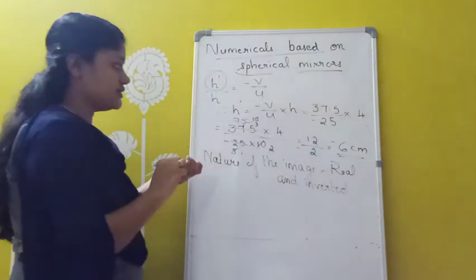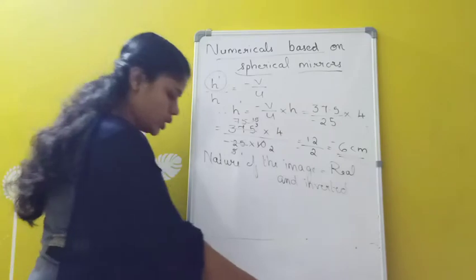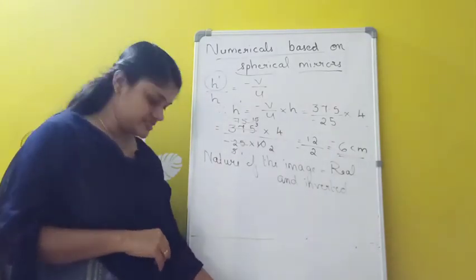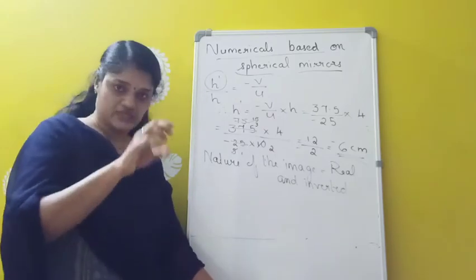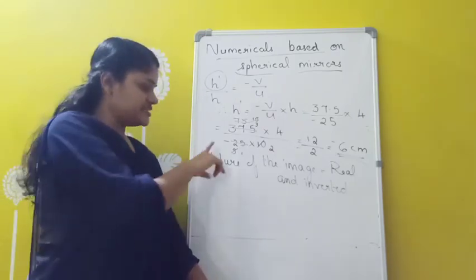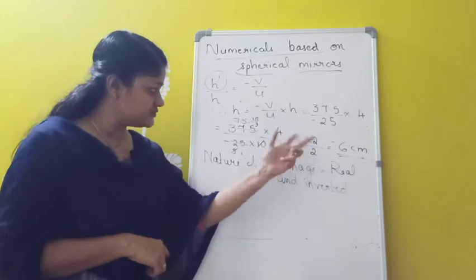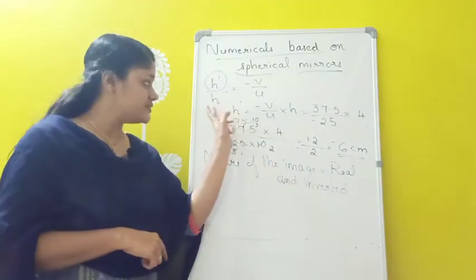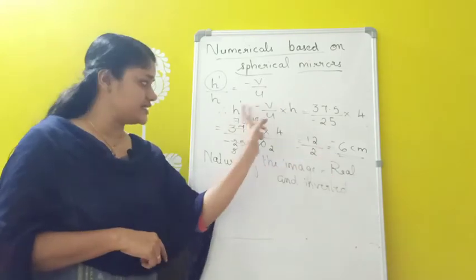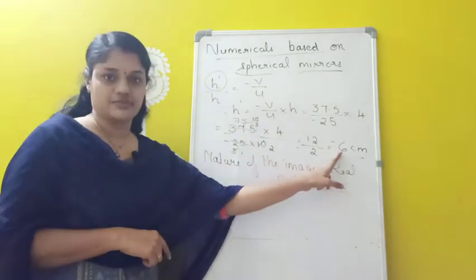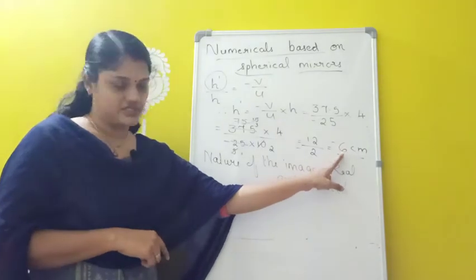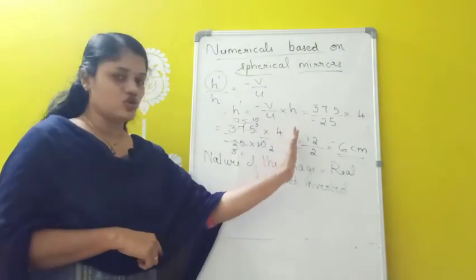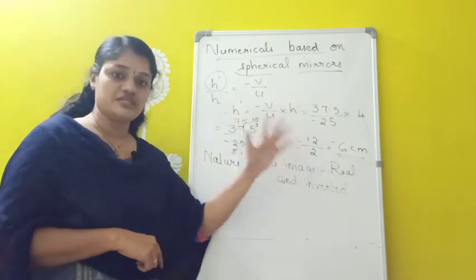Real and inverted. Clear? So in this question, this is a concave mirror. The height of the object was given, similarly u, the object distance, was given, and the focal length was given. Then we have to find the image distance, the size of the image, and the nature of the image. So the nature of the image is real and inverted. Height of the image is minus 6 centimeter, that means it is an inverted image. So the nature of the image is real as well as inverted. And this image is formed 37.5 centimeter in front of the mirror.